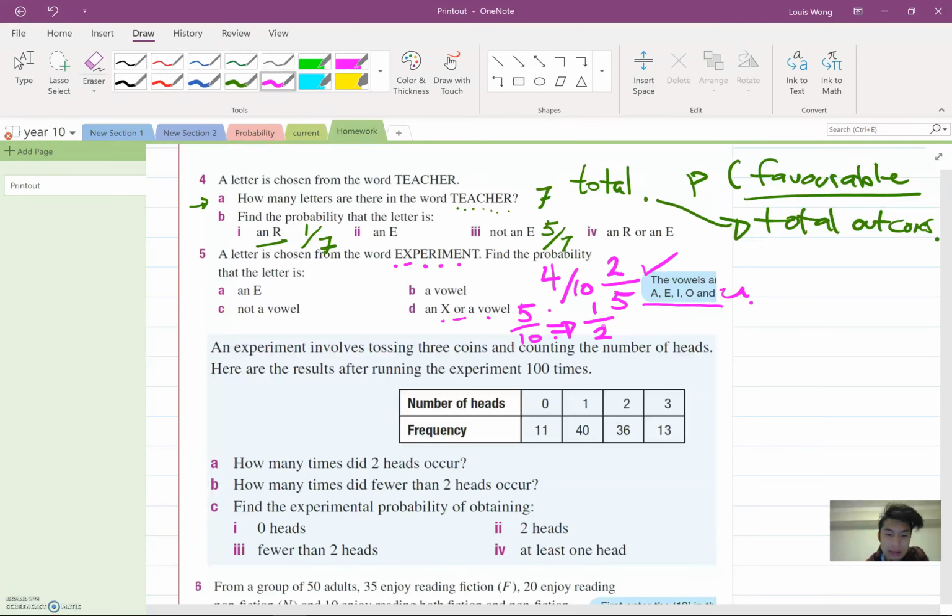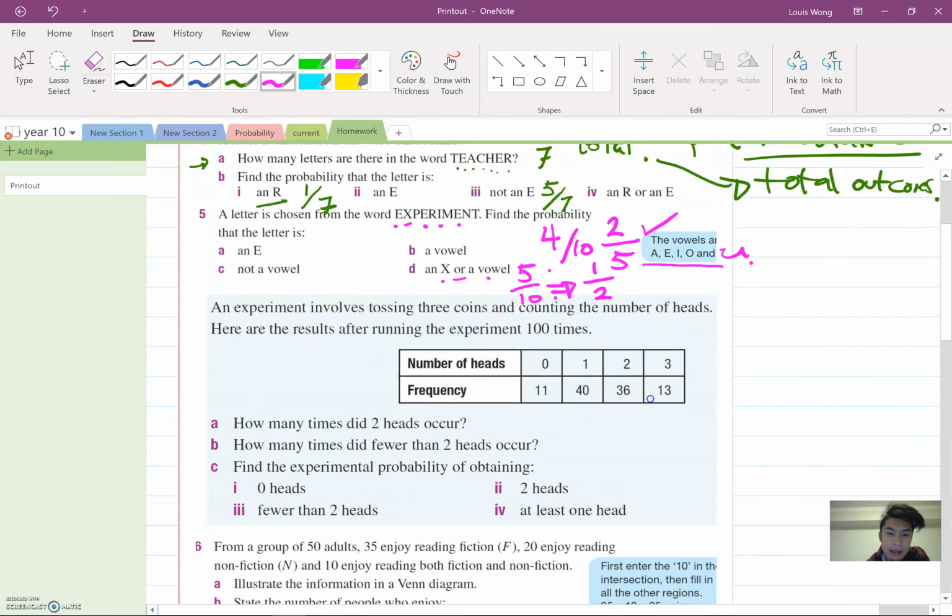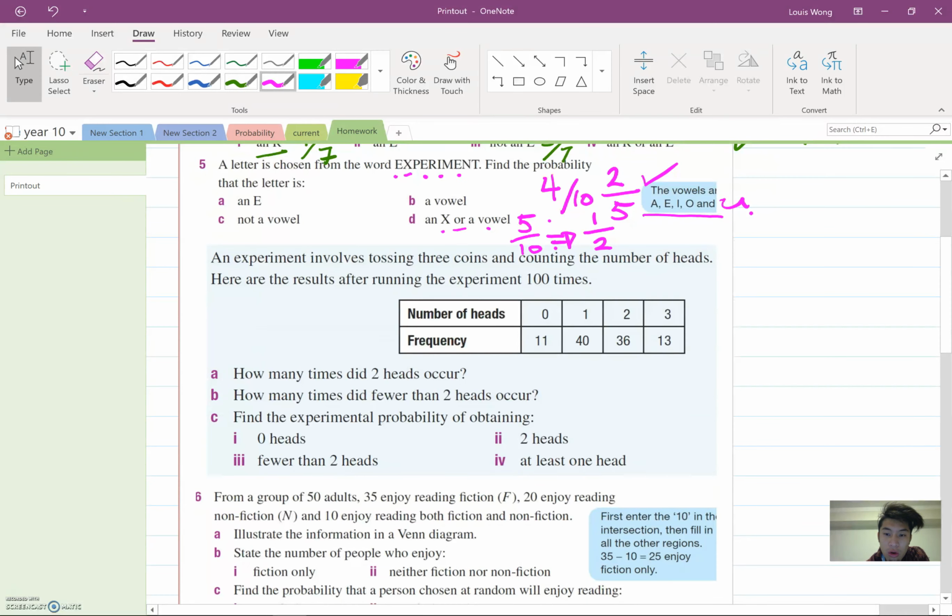Okay, so question 6, well, this is an example for us, is an experiment that involves tossing 3 coins and counting the number of heads. So it's an experiment. I'm tossing not 1, not 2, but 3 coins. So there are 4 outcomes for this actually. They can all be tails, or one of them could be heads, and the rest of them tails.